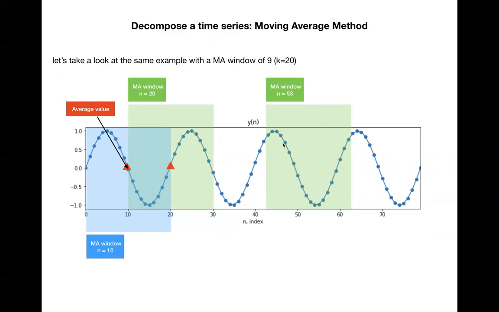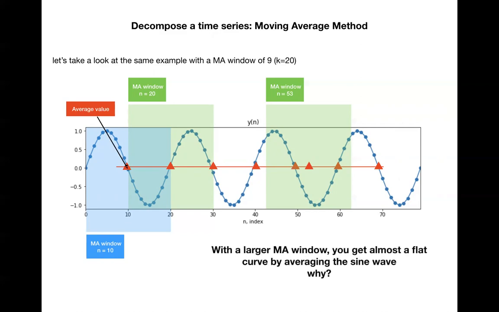And because it's a full period of the sine wave, the average is also about 0. So now you can see that with a much larger window, which is exactly the periodicity of the sine wave, I basically get a flat curve. It means that with a larger window, you get almost a flat curve by just this moving average.